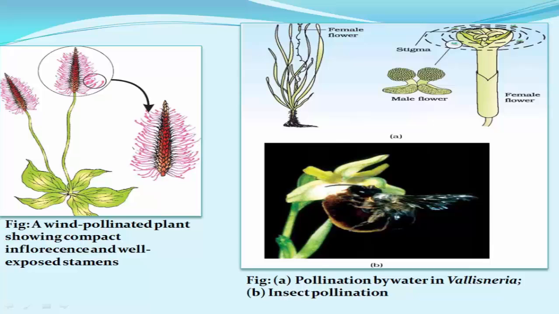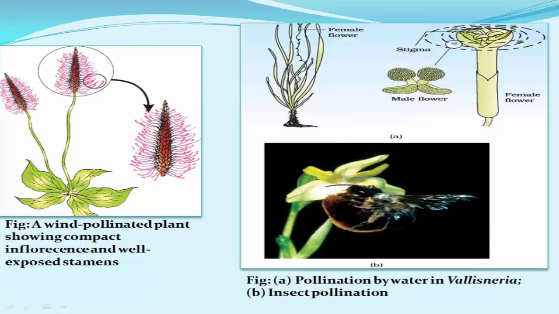Here in case of Vallisneria, the female flower is brought to the surface because it has a long stalk, but the male flowers are at the bottom. The male plant produces the male flowers and it does not have the long stalk. These male flowers carrying pollen grains are released in the water. They flow in the water. When they come in contact with the stigma, the speciality of the stigma in Vallisneria is that it is trifid.